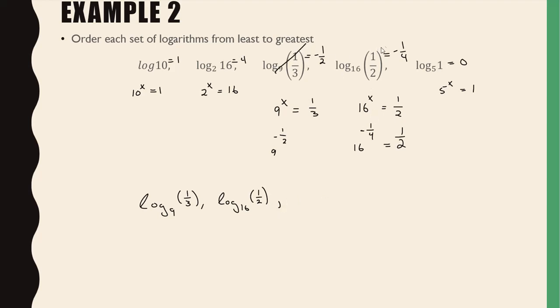Okay, that takes care of those two. And then we've got log base 5 of 1. And log 10. Notice here we don't have to say that the base is 10 as well. It's just assumed if you say log 10, it's a base of 10. And then we have finally log base 2 of 16.